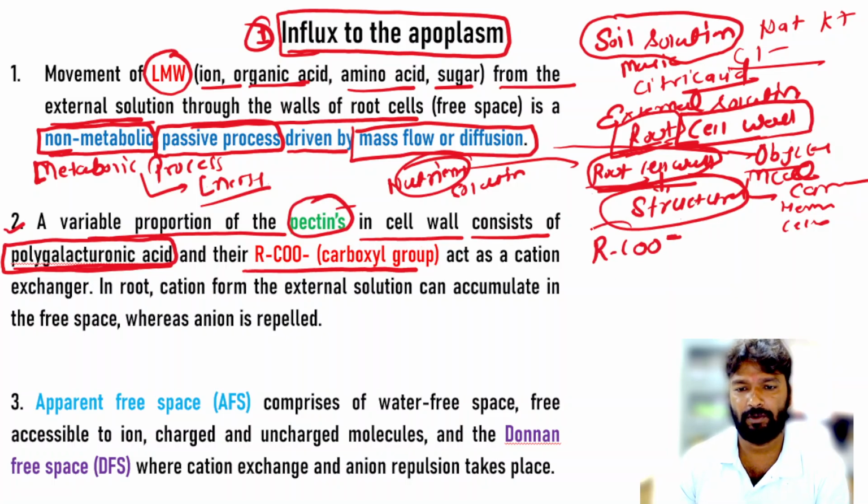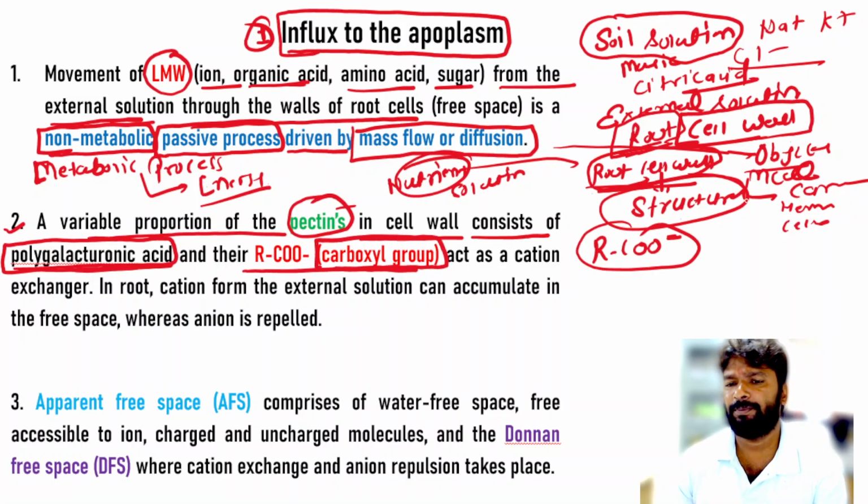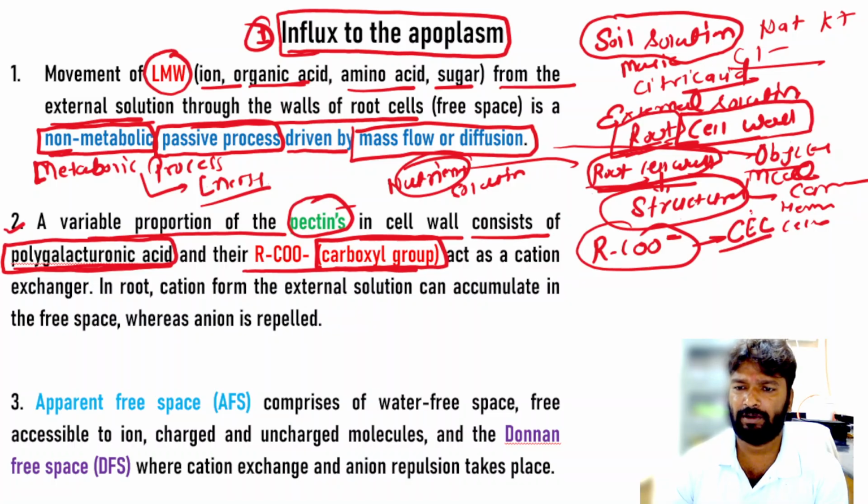This RCOO minus group is known as the carboxyl group. It is a very important group, and it is responsible for the cation exchange in the cell wall.